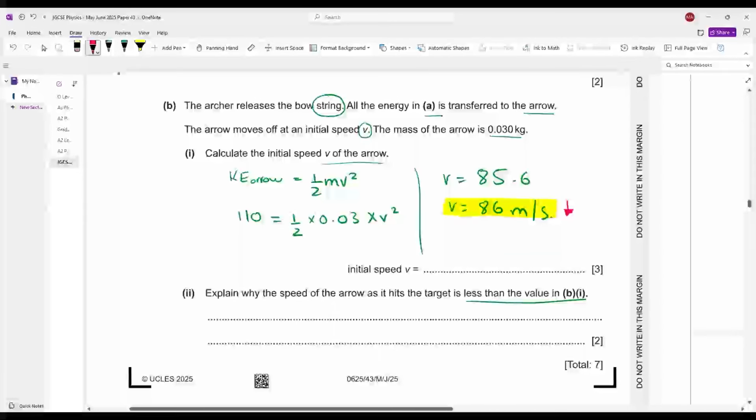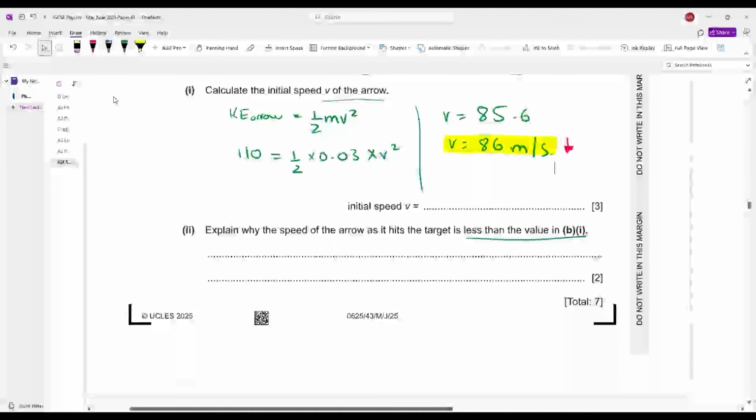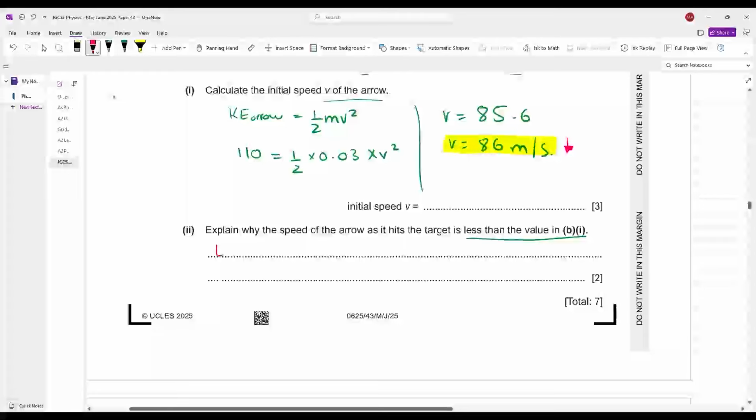Why does your kinetic energy decrease? Because energy is lost to the surroundings due to air resistance. Simple as that. Nothing complicated here. Let's further move ahead.